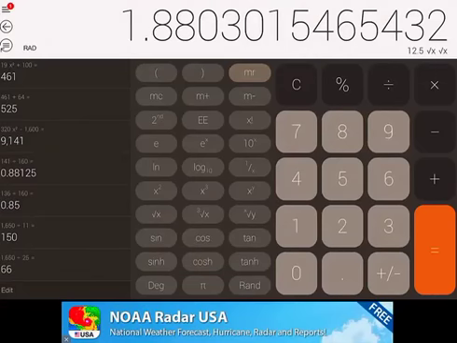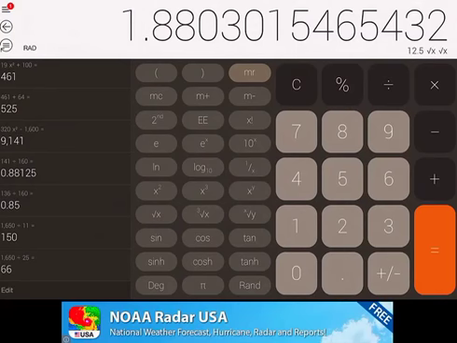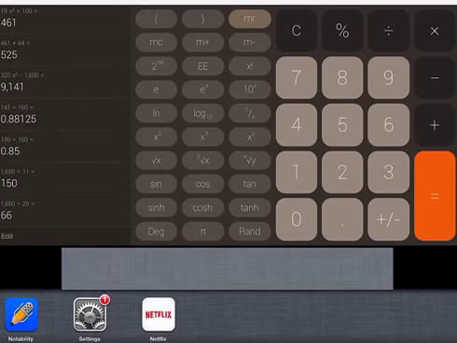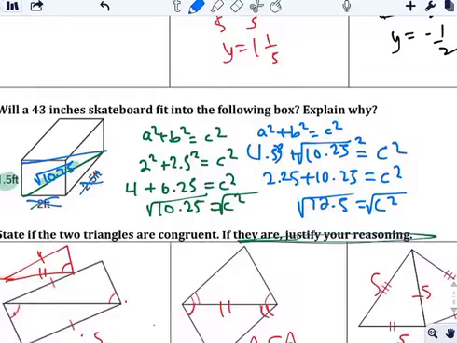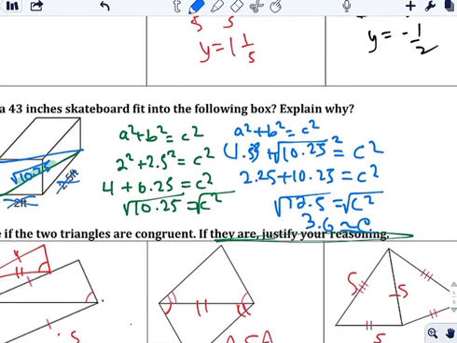This number here, oh no. Anyways, what did it do? Anyways, the answer was 3.5. Not that one. It got messed up. Maybe it's somewhere in there. But anyways, the answer is about 3.5 feet.